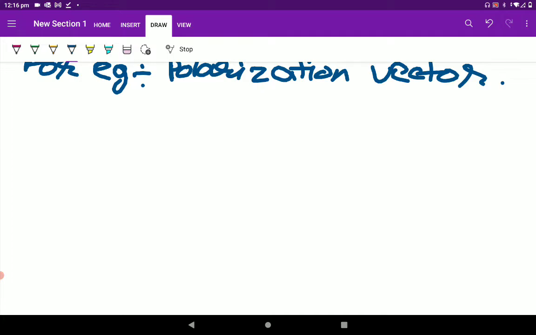So when we apply an electric field, we create a local dipole in the crystal if the crystal has ions which can move.